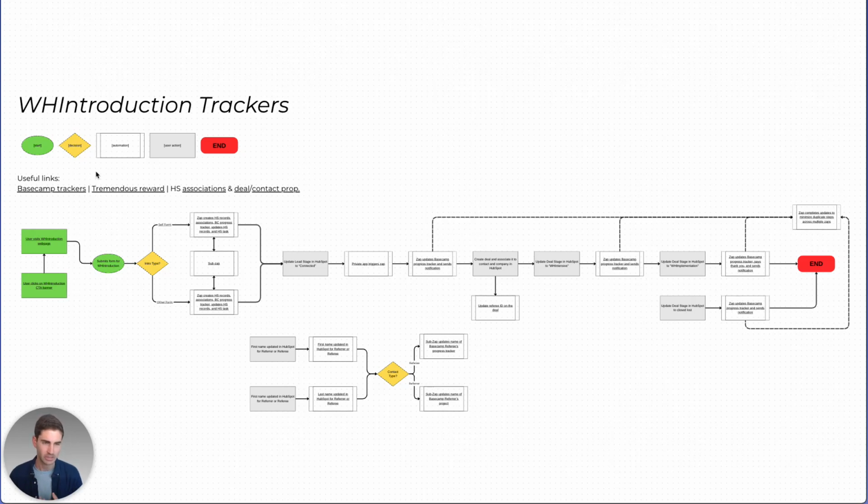But we're going to be using Basecamp, Tremendous, and HubSpot, and then Zapier is going to be the glue that brings pretty much everything together. So in that previous video, you saw how someone fills out a HubSpot form, they make a referral that creates a Basecamp project that they can view with a public tracker, with a public link. As things happen on my end within HubSpot, their Basecamp tracker or project is updated in real time, so they can essentially refresh the page.